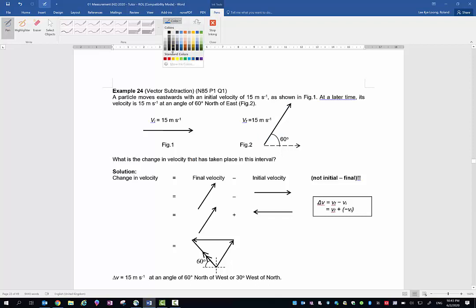Always remember, if the question asks for change in velocity, it is always final minus initial. Be very careful, a change is always final minus initial, not initial minus final. So the final will be this arrow that you can see here, initial is this arrow.